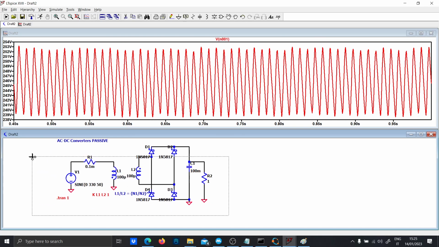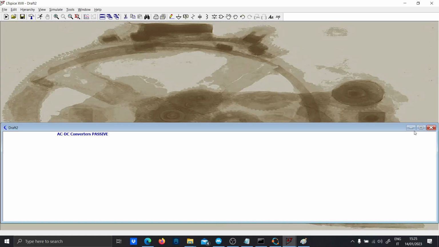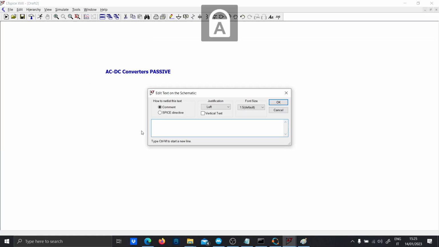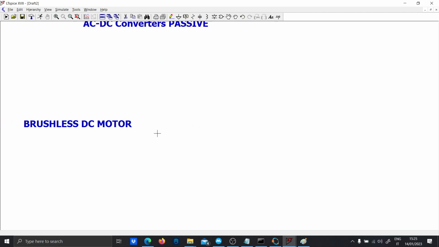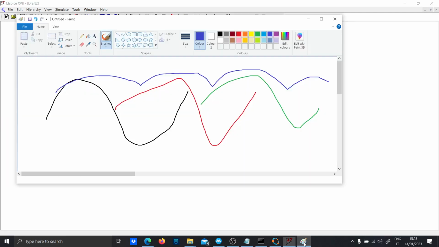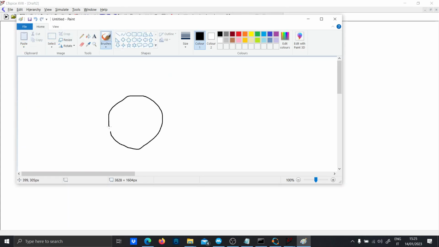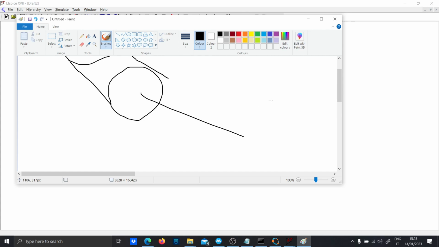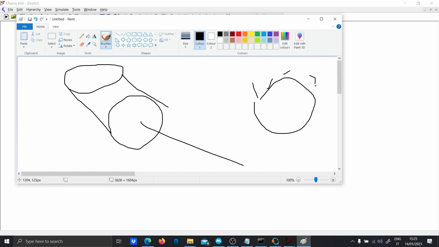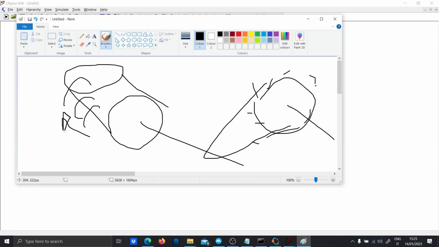So now let's suppose that you have a brushless DC motor, and you want to use this brushless DC motor as a generator, meaning that you have physically the motor, and with some kind of device, maybe there is a gear, you are rotating it with your own hands, and you are generating voltage here.